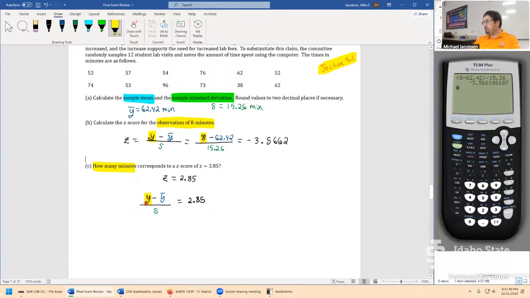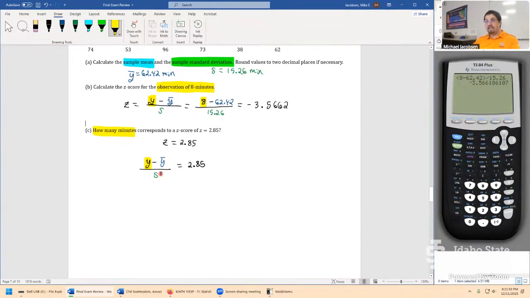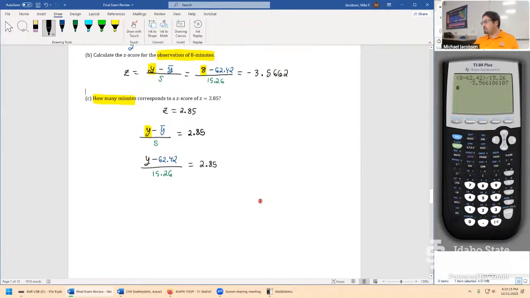Next step, just plug in the information we have. We know what s and y bar are. So this turns into y minus 62.42, divide by s, which was 15.26, equals 2.85.